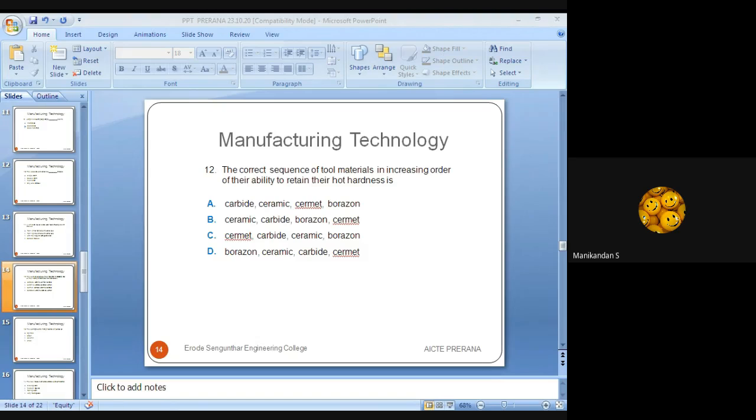So the correct order in increasing order is cermet, carbide, ceramic, and boron nitride. Boron nitride is a combination of boron and atoms of nitrogen, whereas cermet is a combination of ceramic and metals, 90% ceramic and 10% metal mixture.